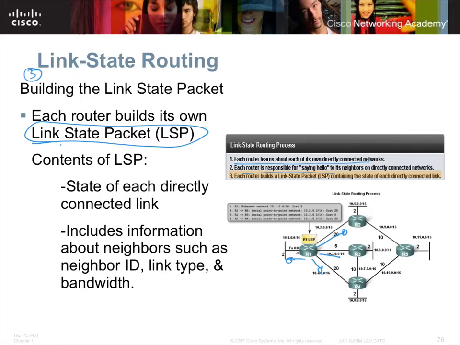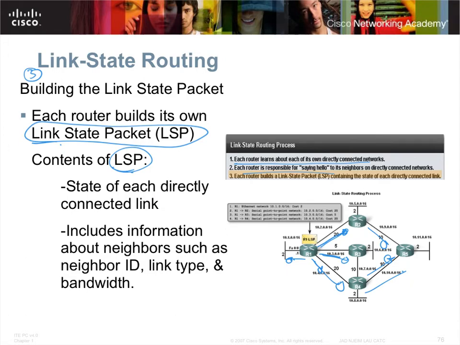One thing to notice here is that these link state packets will be sent in the form of multicast, but they are actually forwarded by other routers, which means that they have to flood the entire network. Of course I send the link state packet to my neighbors only, which means in the form of multicast.